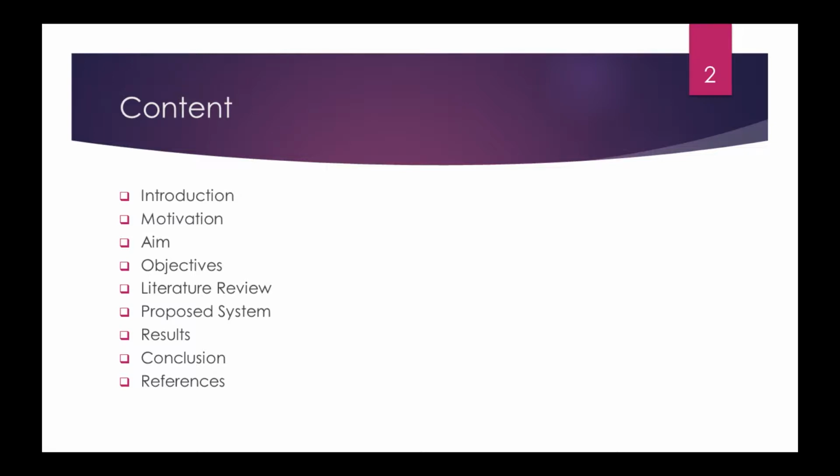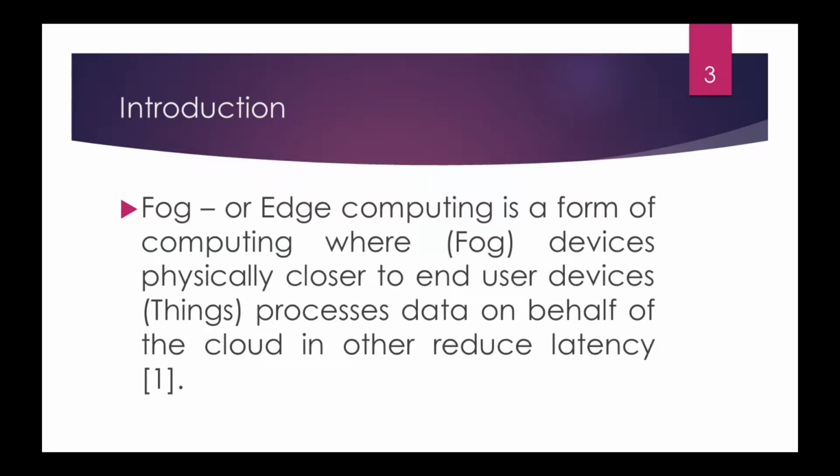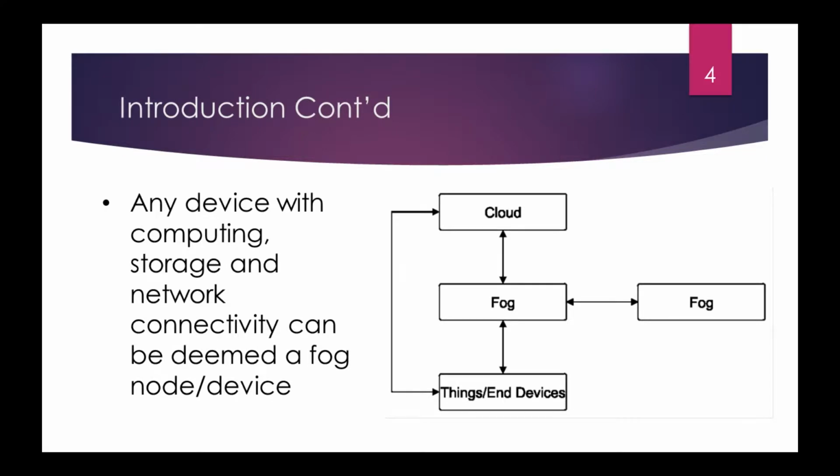Well, let's get on. Fog computing or edge computing devices are devices that are placed physically closer to the end user so that they process data on behalf of the cloud in order to reduce latency. This figure shows how the fog device is.